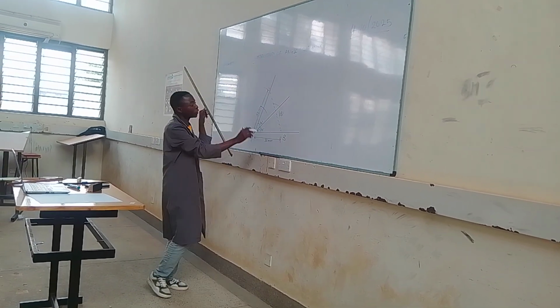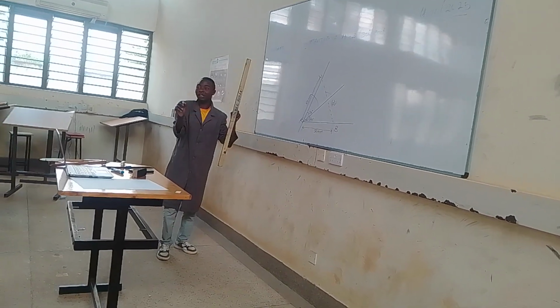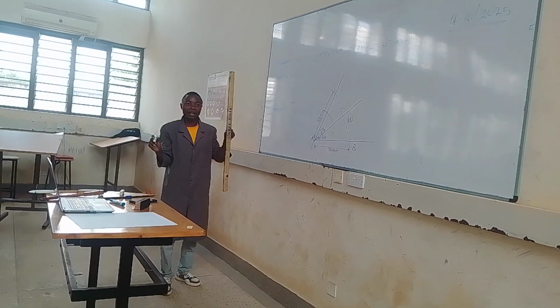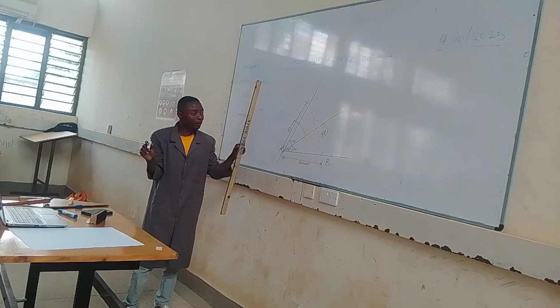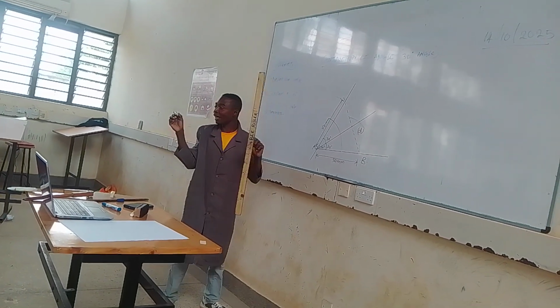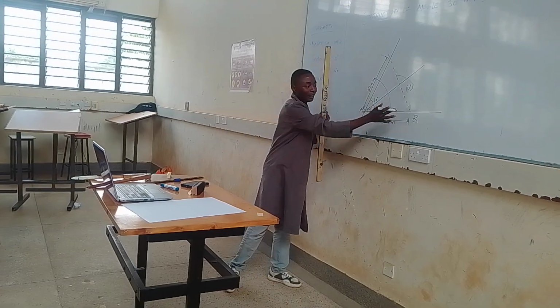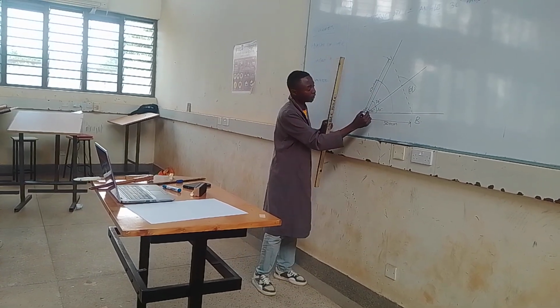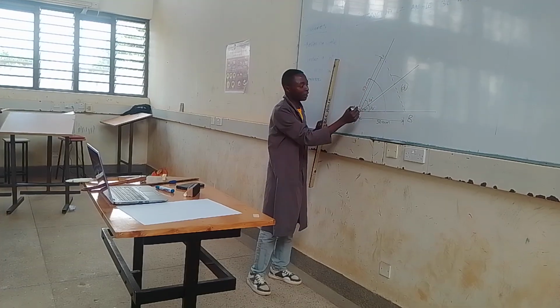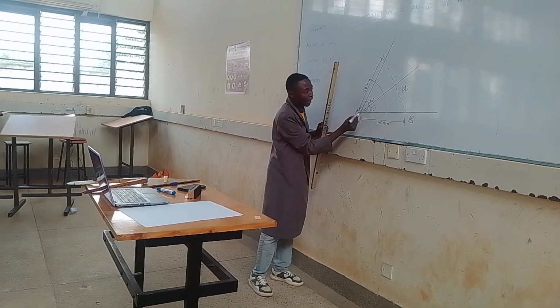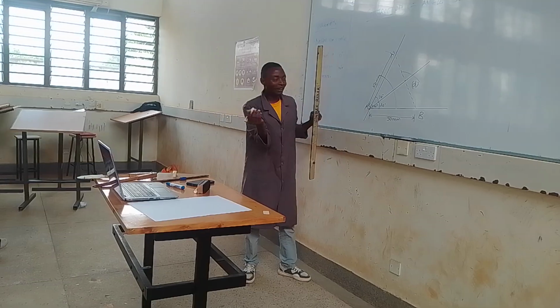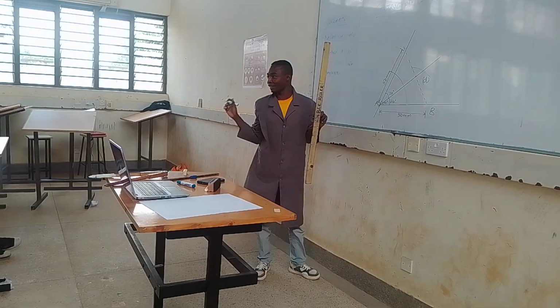If we join B to C, it looks like a triangle which has all sides equal. And if a triangle has equal sides, which means the interior angles are 60 each, so that they add to 180. And if this is bisected, we can get 30 degrees.